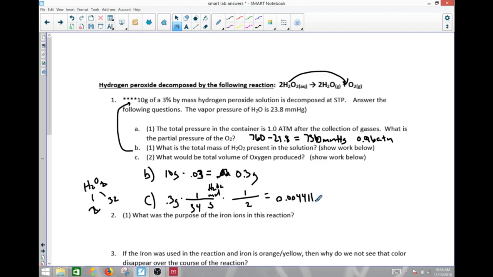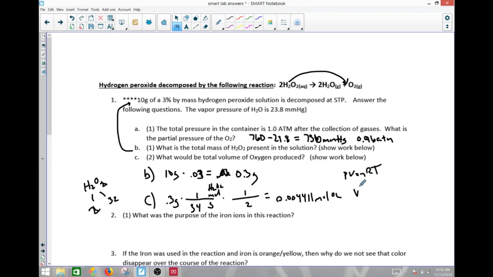0.004411 moles of O2. And then I'm going to probably just use PV equals nRT at this point. Well, it says we're STP, but this is not the pressure of just that gas, so we're not STP anymore. So PV equals nRT.